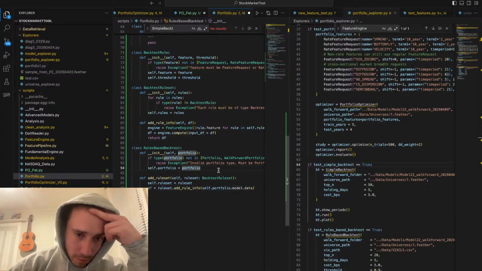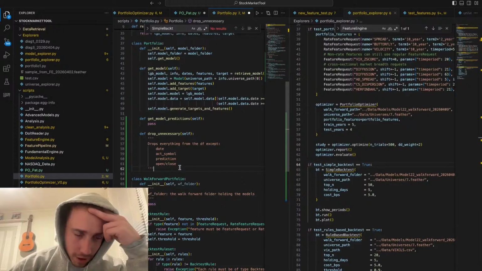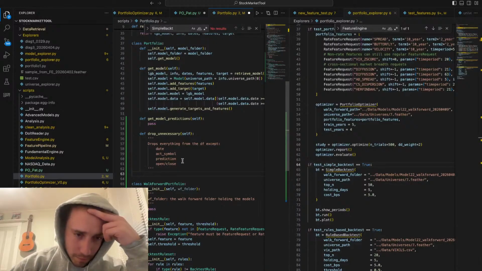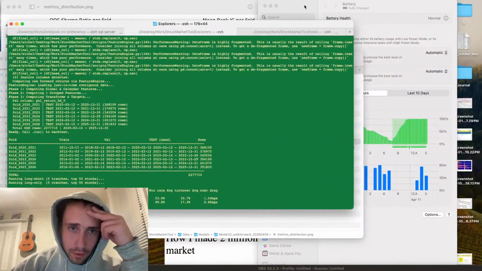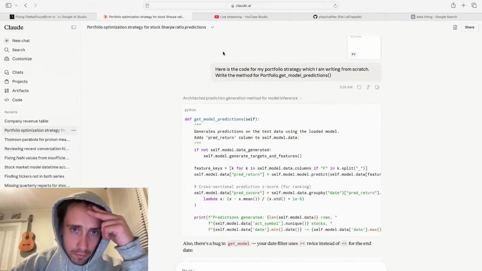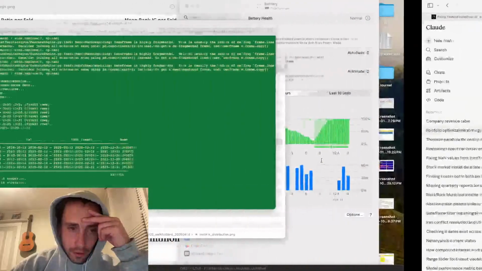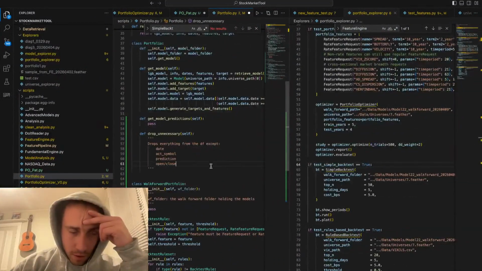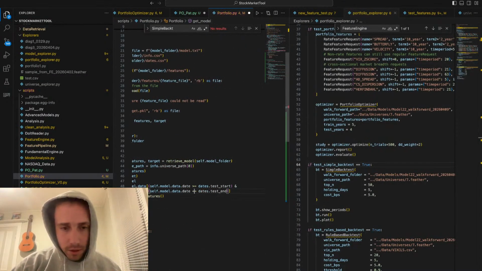Alright, so when I have the portfolio, we're getting the portfolio, but before that I need to clean up the data. We don't need all this crap. So get model predictions. Uses greater than, oh good catch. Portfolio greater than or equal to, less than or equal to the end.